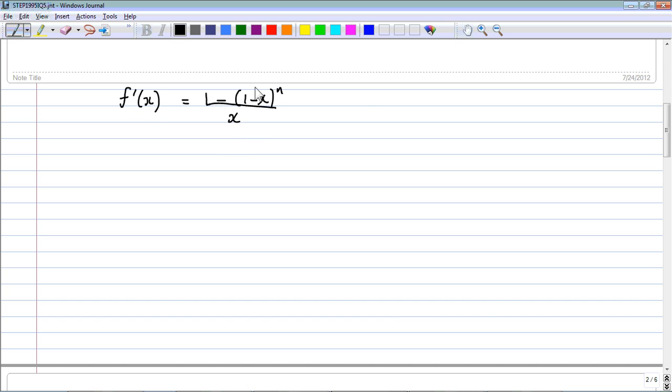Now let's remember what's called the fundamental theorem of calculus. I'll just write FTC. What is that? It's basically saying that integration and differentiation are opposite processes.